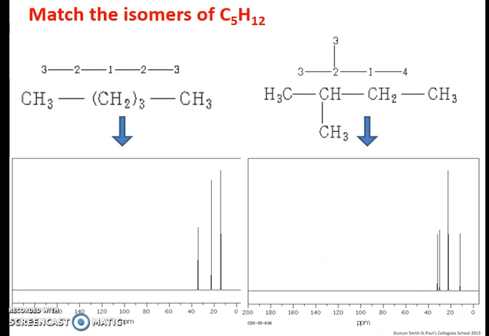Now, because both of these are just alkanes, all of their peaks are located in that 0 to 50 ppm range, and most of them are lower than that. You will see in the left-hand spectrum there are 2 taller peaks: the one on the far right relates to the CH3 group, the next one relates to the 2 CH2 groups.